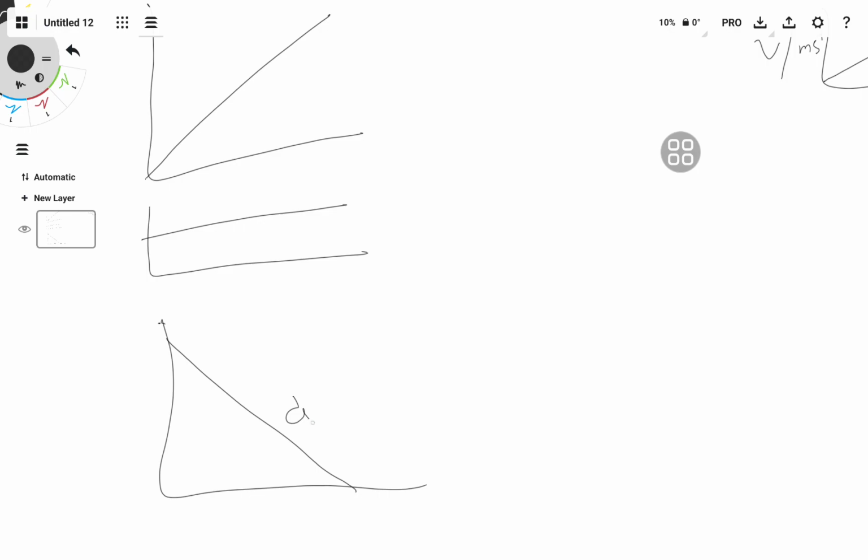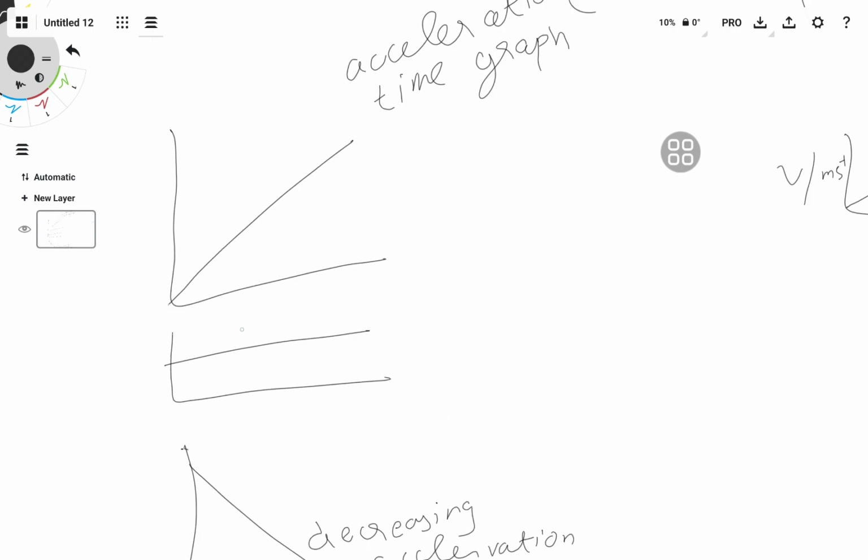This is decreasing acceleration in a direction. This is increasing acceleration, and this is increasing acceleration, decreasing acceleration.